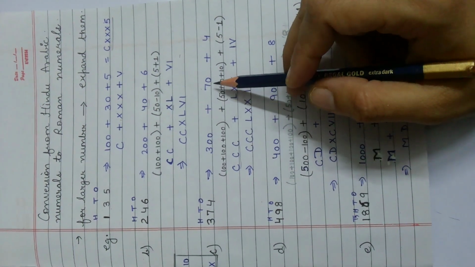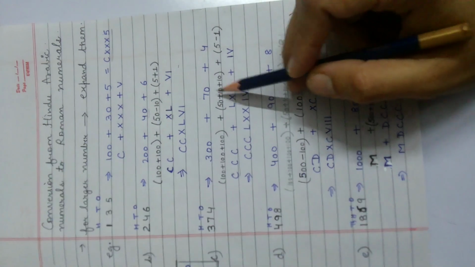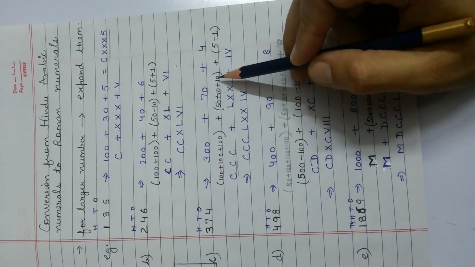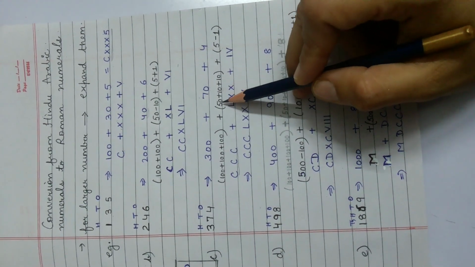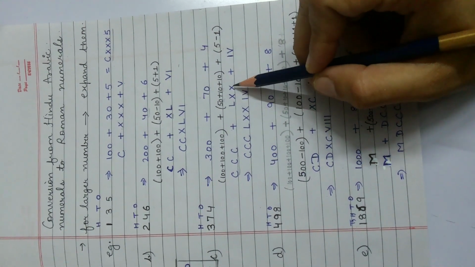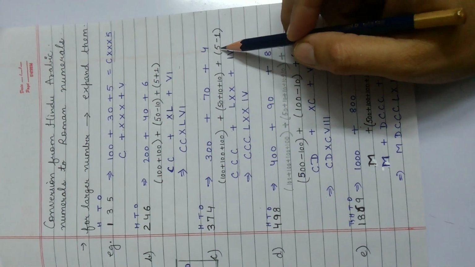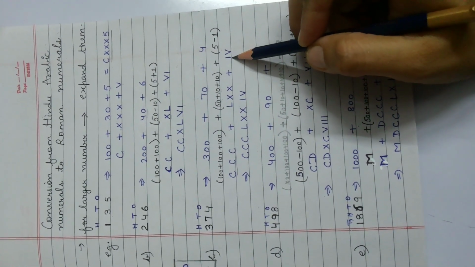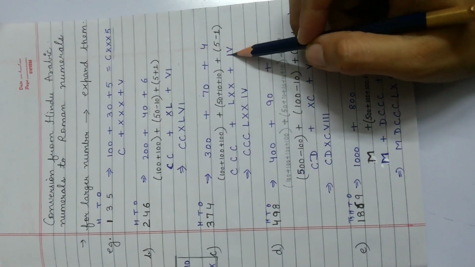Now let's jump to the digit at the tens place, which is 70. 70 will be 50 plus 10 plus 10. I have a symbol for 10 and I have a symbol for 50. So L, X, X. And 4 will be 5 minus 1, which is V here and I on the left of V. So it is read as IV.